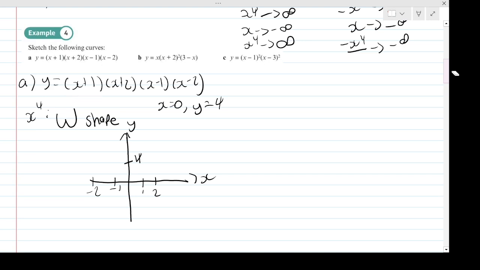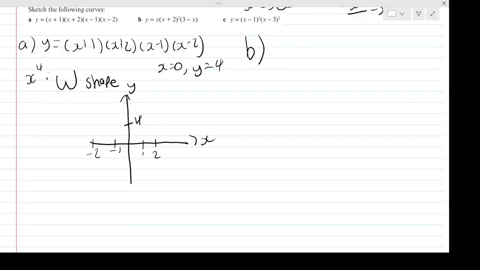There's no squared, there's no cubes going on. It's just all singular, which means it's simply just going to cross through all the points. So therefore our quartic, with this shape in mind, is going to look like this.